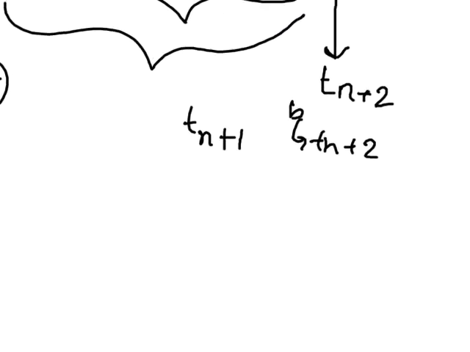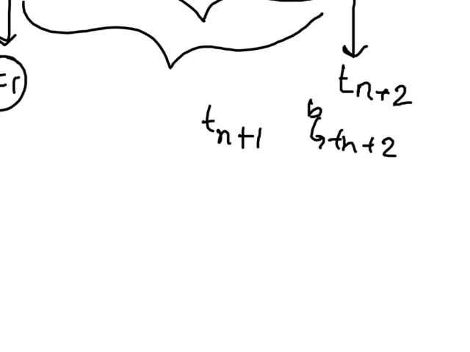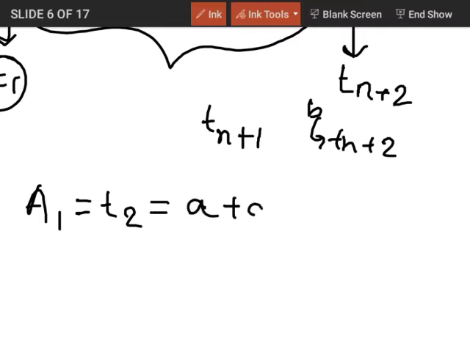Now if this is T(n+2), so if I talk about the first arithmetic mean, say A1, this will be the second term T2, obviously, right? Now T2 can be written as a plus d because this is the second term.